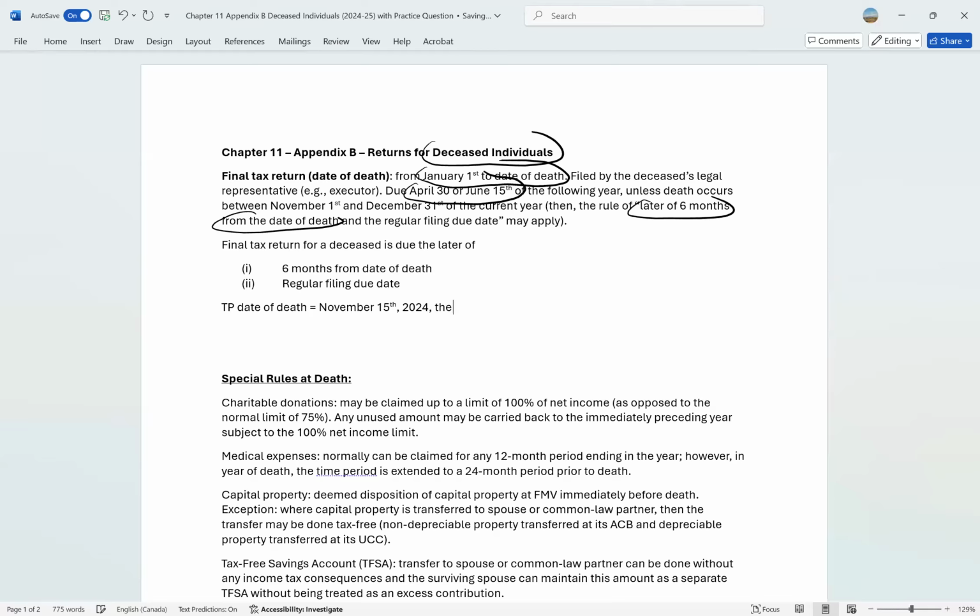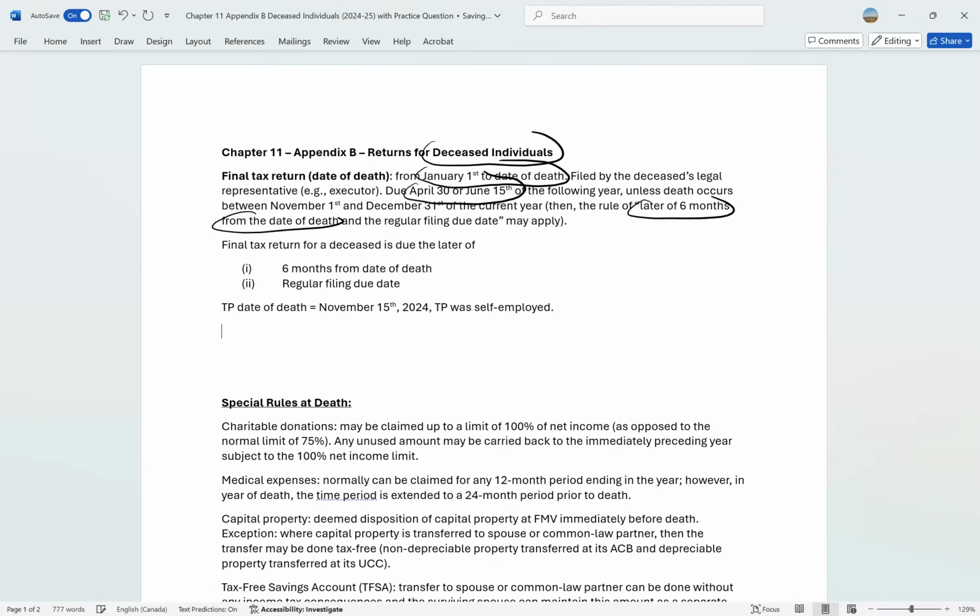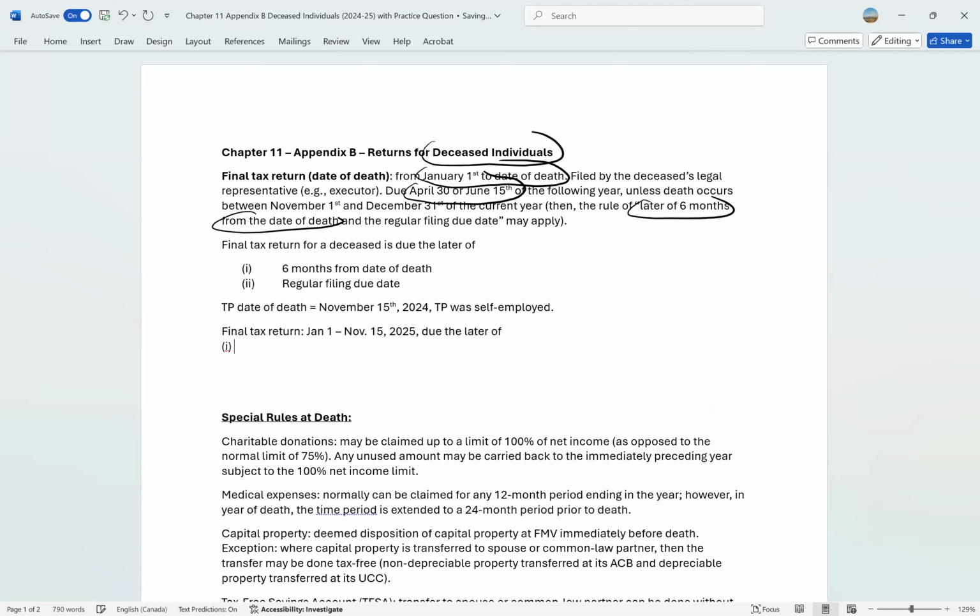And let's say they were self-employed. So then the final tax return for January 1st to November 15th, 2024 is due the later of 6 months from the date of death. So that would be basically 6 months plus November 15th, 2024. And so what would that be? That would be May, right? Yeah, that would be May. December, January, February, March, April, May.